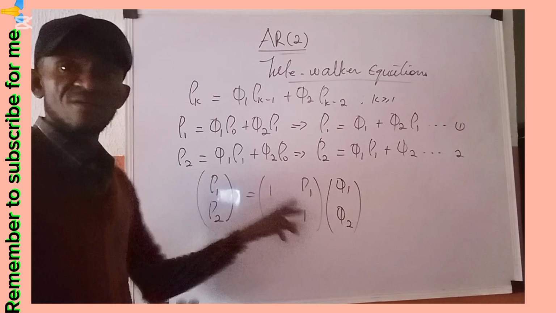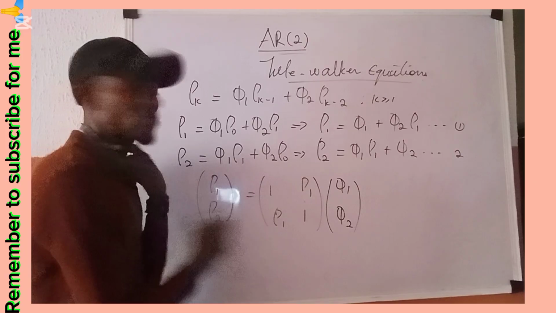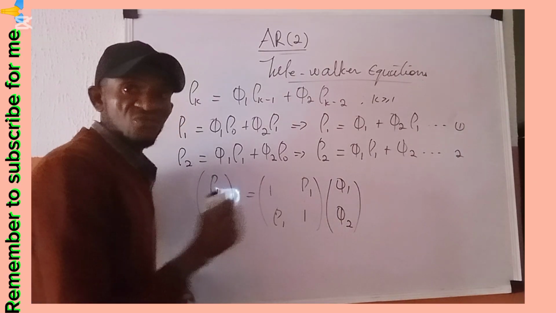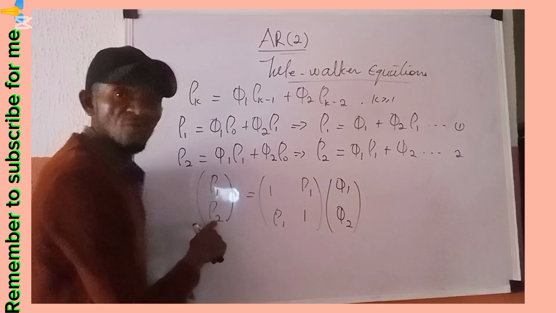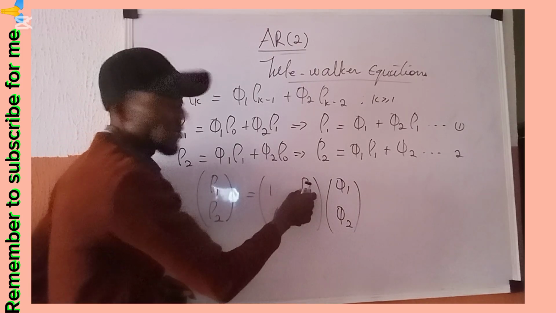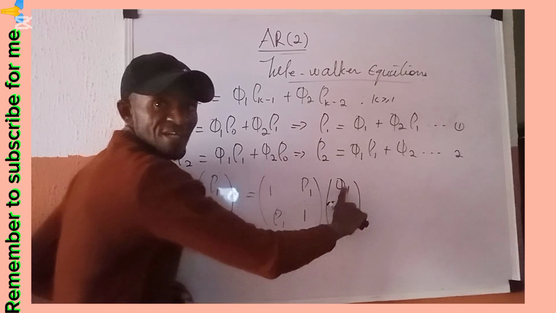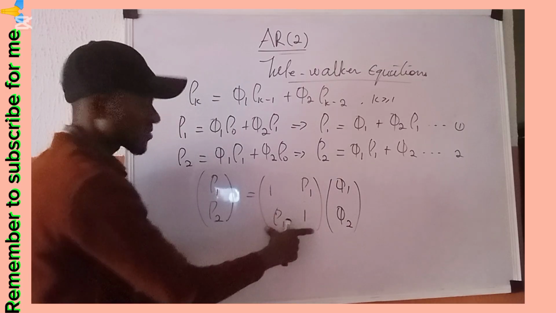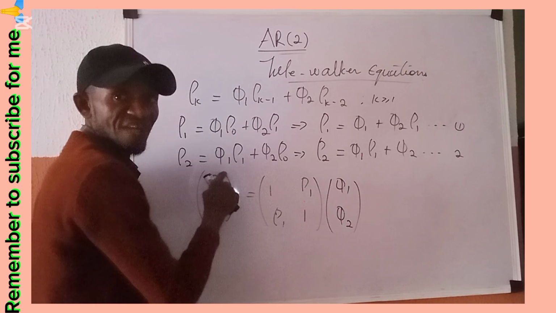If you know the value of rho 1 and rho 2, you can be asked to find the value of phi 1 and phi 2. You just need to put the values of rho 1 and rho 2 here, make this into some sort of formula by dividing both sides with this quantity, which when it comes here becomes an inverse.